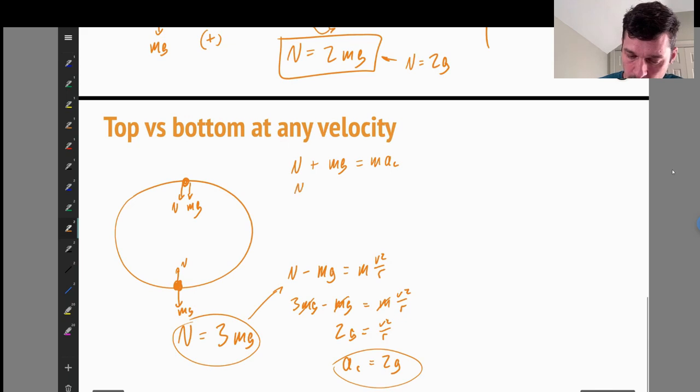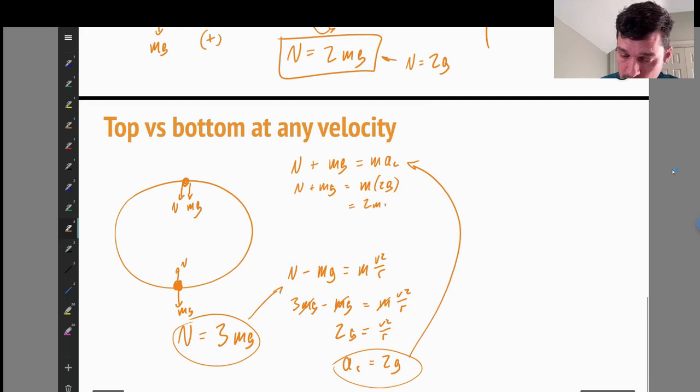So we got normal force plus mg equals mass times 2g. All right, so that gives us 2mg on the right, normal plus mg here, minus an mg from both sides. So that leaves us with a normal force equals mg.